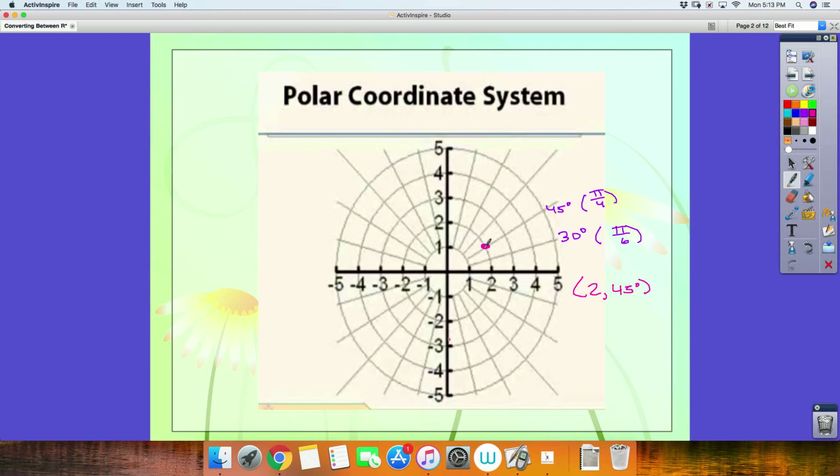But what I could have is a whole other revolution. So instead of going around once, we could have a revolution where it went around twice or 3 times.